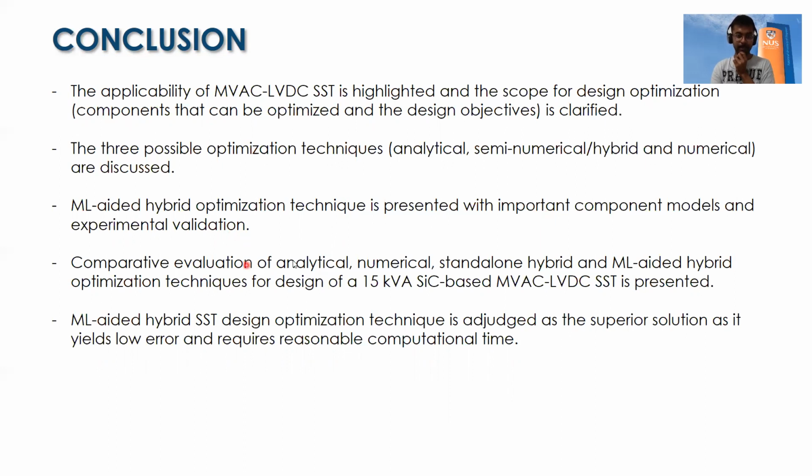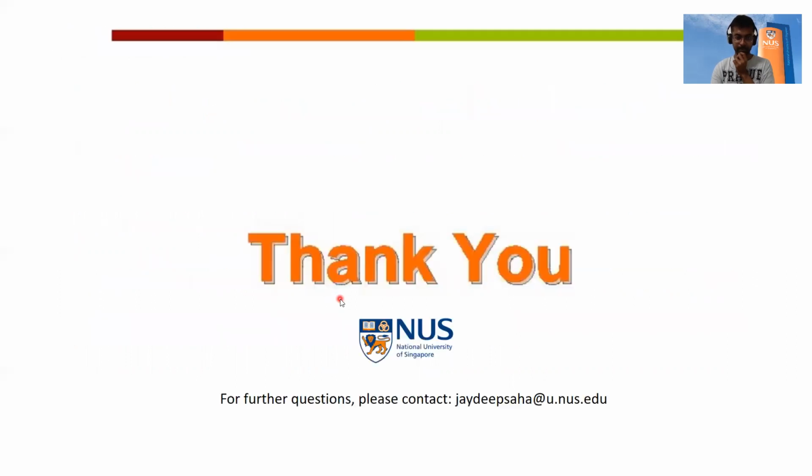The comparative evaluation of analytical, numerical, standalone hybrid, and the ML-aided hybrid optimization techniques is performed for a 15 kVA silicon carbide based MBS LVDC SST, and the ML-aided hybrid SST design optimization technique is established as the superior solution, as it has low errors and requires reasonable computational time.